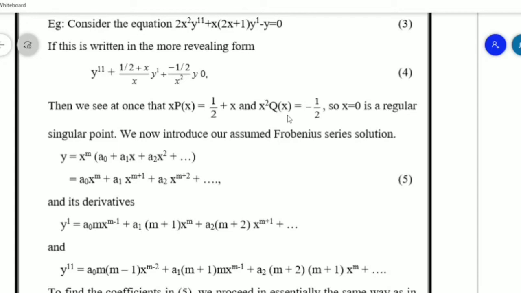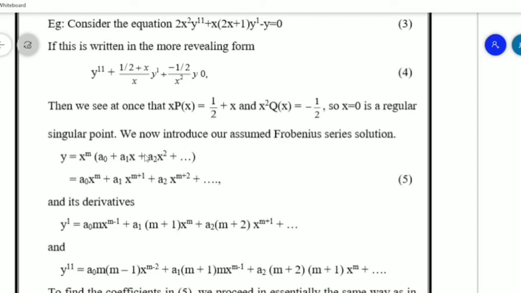Once again, we have to check whether it is an ordinary point or a regular singular point. If either one of p of x and q of x is not analytic, then we can say that it is a singular point.